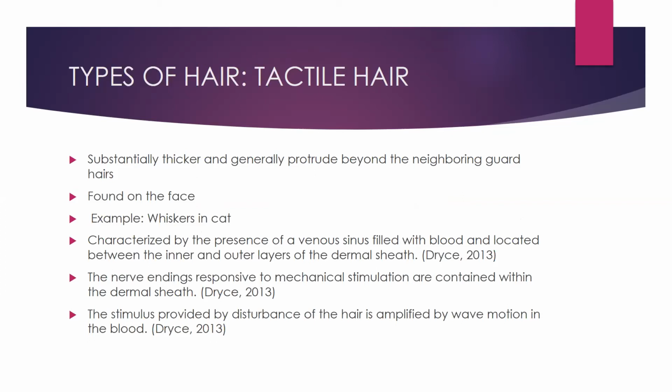Nerve endings responsive to mechanical stimulation are contained within the dermal sheath. And stimulus provided by disturbances of the hair is amplified by wave motion in the blood. That's the reason why you should not cut off the whiskers of a cat. It's actually an extrasensory organ to them.